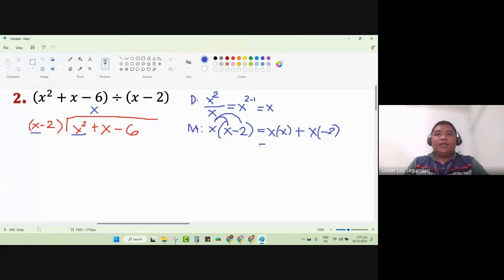The result of this, since this is under multiplication, we will use the multiplication law. Hence, we add exponents of the same base. Plus, we have this here, simply arranged properly as x.